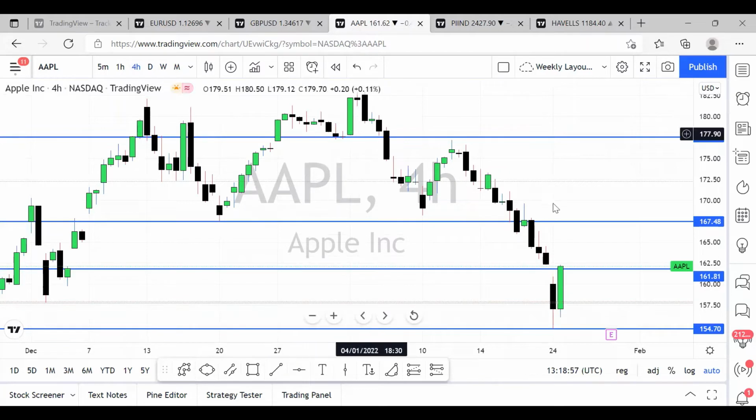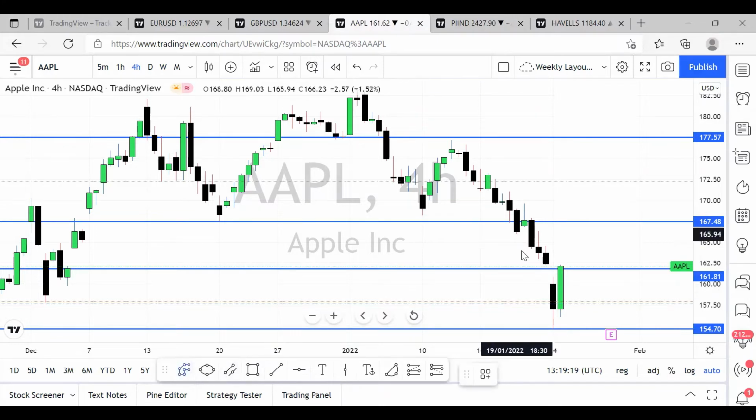So look what's happened here now on the 4 hourly. This is a spike candle, okay? Also, this could be even a gap up, okay? So this is now telling me that buying pressure is starting to come back.